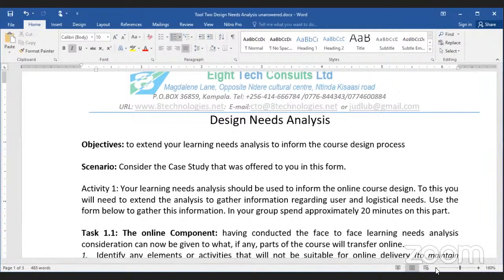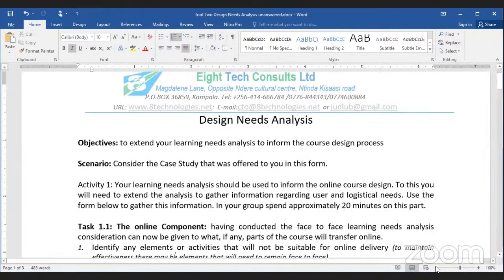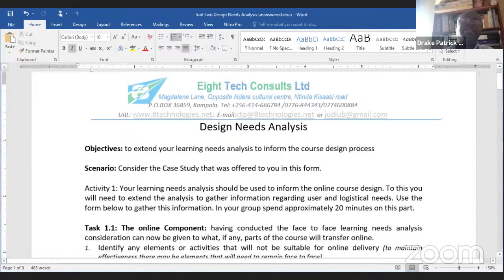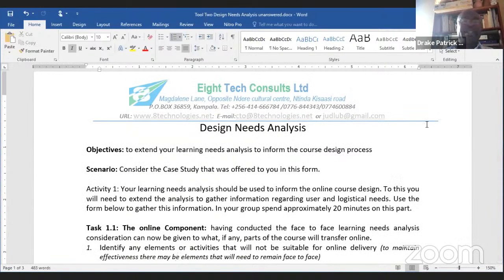So colleagues, we are building on the previous exercise, which all of you did. And now we're extending our design needs analysis. Your learning needs analysis should be used to inform online course design. This will need to extend the analysis to gather information regarding user and logistical needs. I emphasize those words, user and logistical needs.